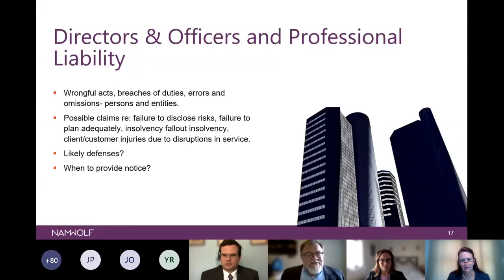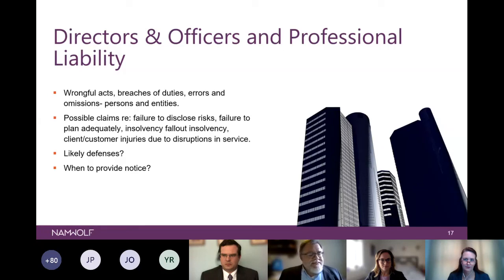For things like liability resulting from virus or from widespread pandemic or from supply chain disruption. Those are all types of exclusions that conceivably could start to show up in D&O policies. So it might make sense for policyholders to provide a notice of circumstances early, and that's something people should be on the lookout for.